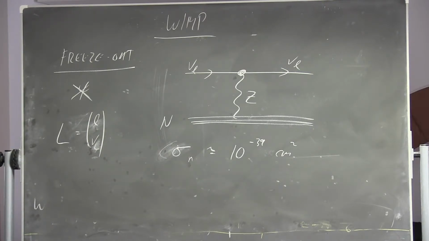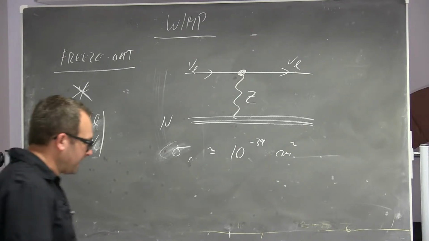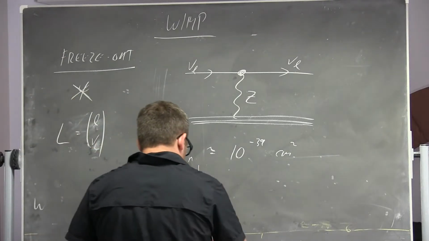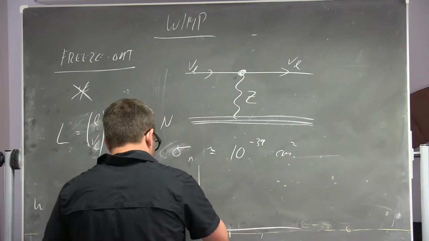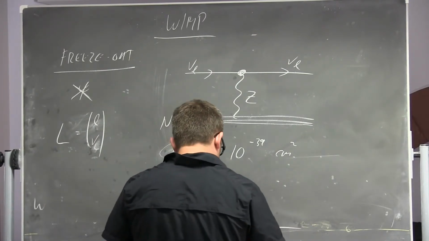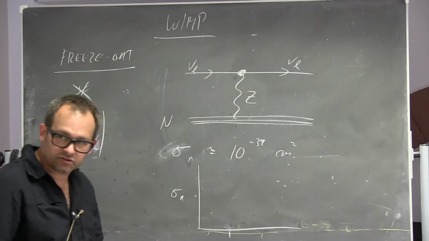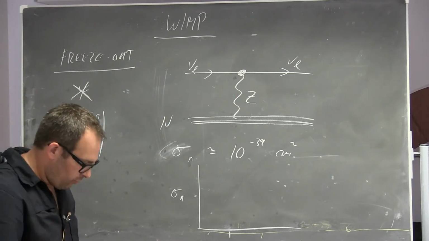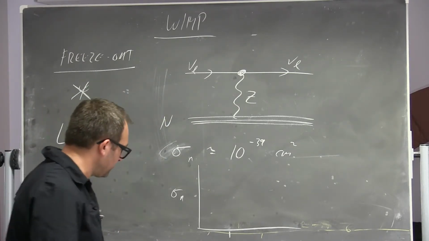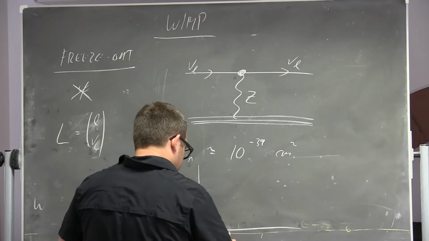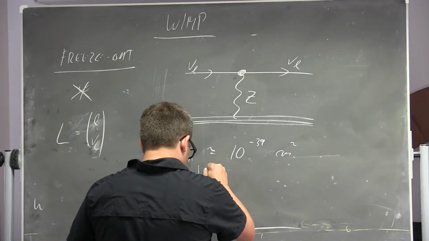And they say, great, we can measure that cross-section. So they go off, they do it, and in fact, they did exactly that. They've gone off and measured this thing, measured the cross-section. And the per nucleon cross-section today, the latest constraint from XENON 1 ton, I believe, looks something like this.